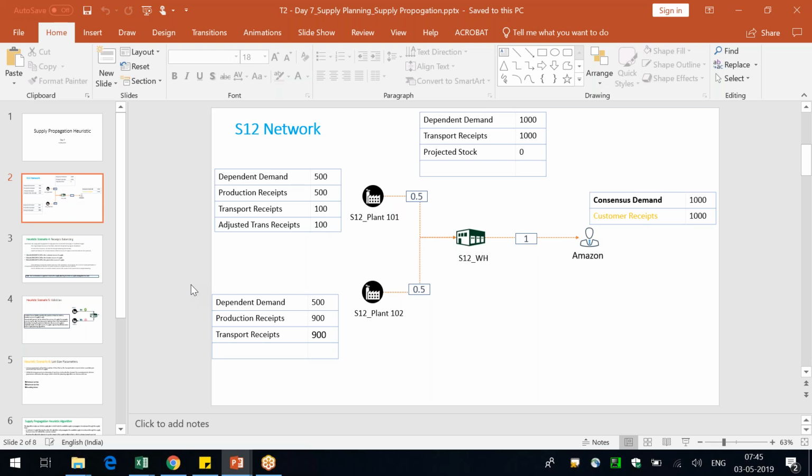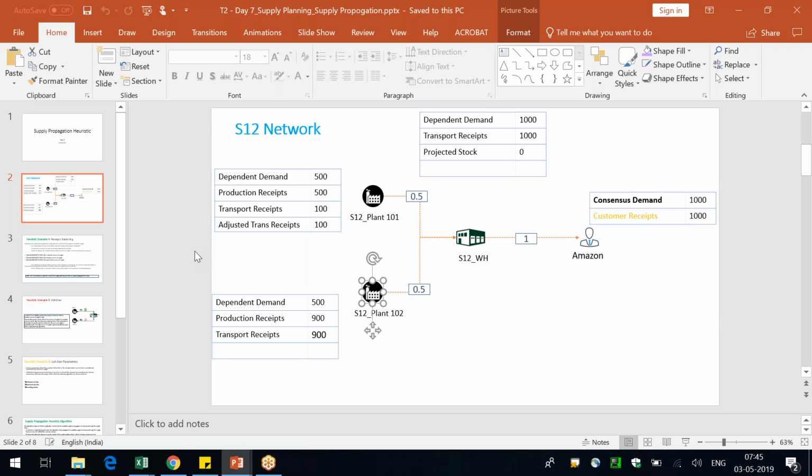Third source of supply is production source of supply. That means how the production is happening inside a manufacturing location. So inside this plant 102, for the product S12, there could be multiple BOMs, multiple source IDs. In IBP, we call it source ID, production source header.